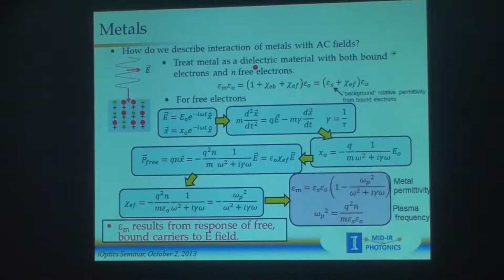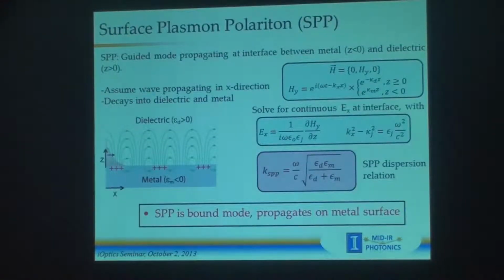So you end up with a background permittivity that comes from your bound electrons, and you end up with a portion of your permittivity that changes as a function of wavelength that comes from the free electrons. So this is a very simple way of looking at a metal. It's called the Drude formalism, but it actually works pretty darn well for a large number of metals across a wide range of wavelengths. Okay? So the key takeaway here is that the epsilon, the permittivity of a metal, results from the response of both free and bound carriers.